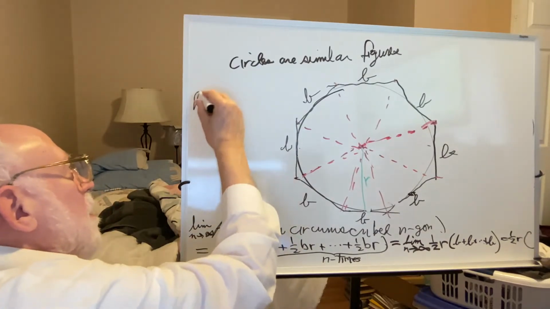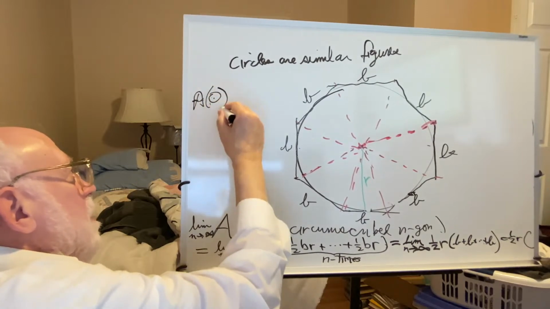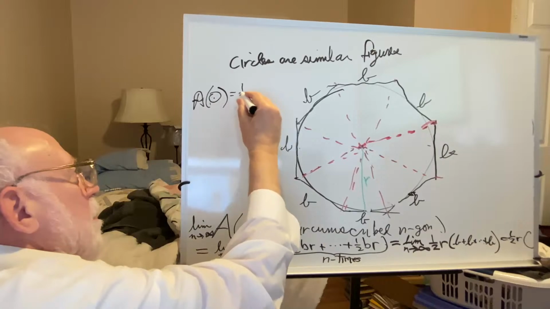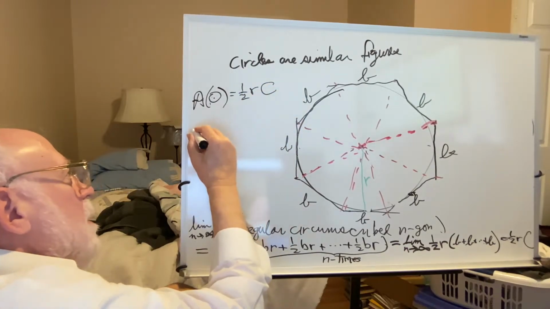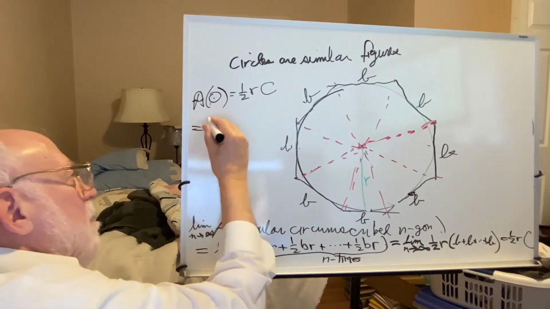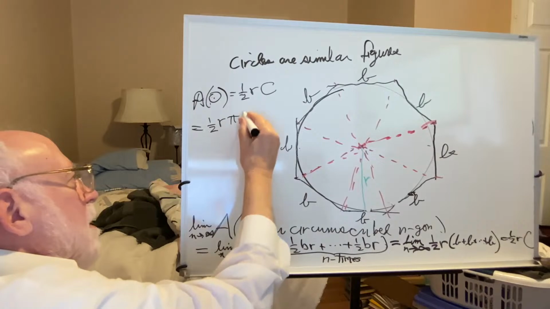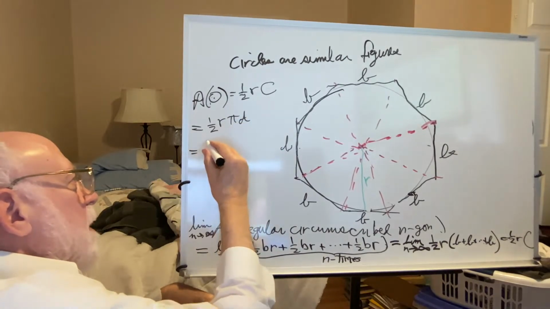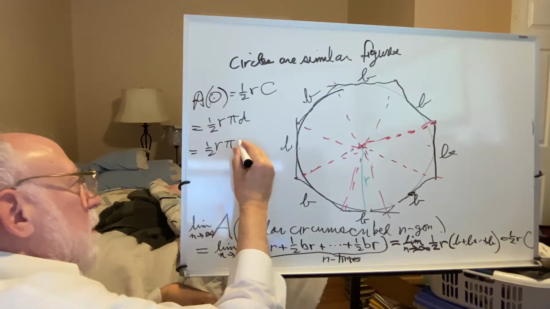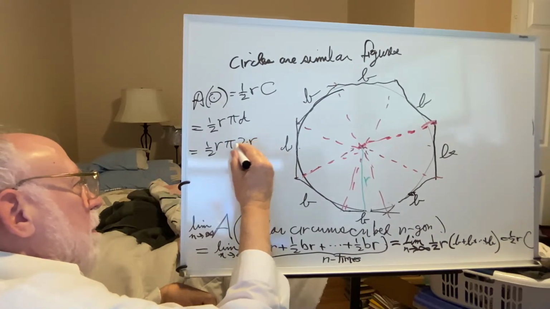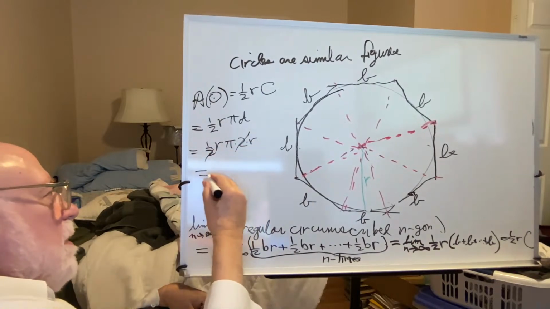So the formula for the area of the circle is 1/2 R times C, with C, as we said before, being pi times D. But D is twice the radius. And these twos are going to cancel and we get pi r squared.